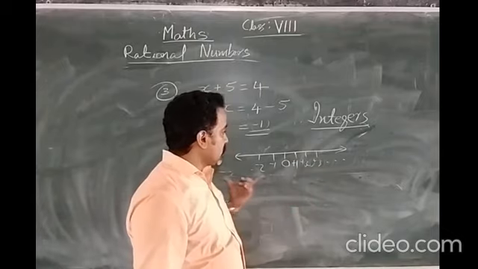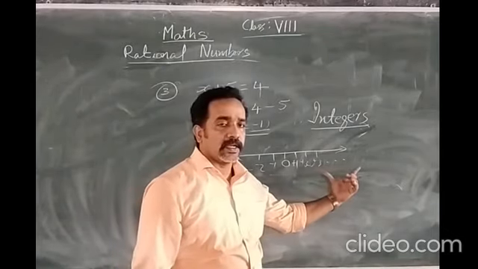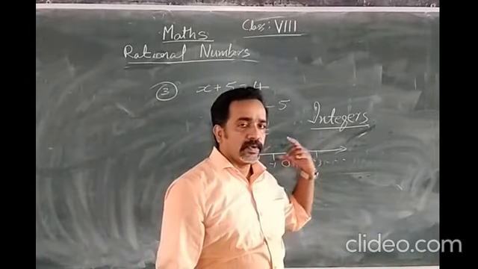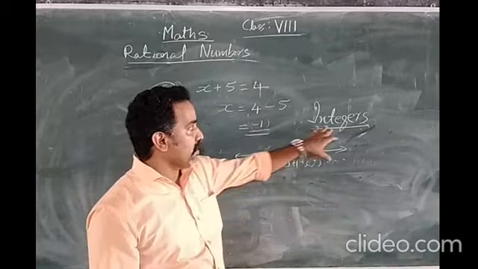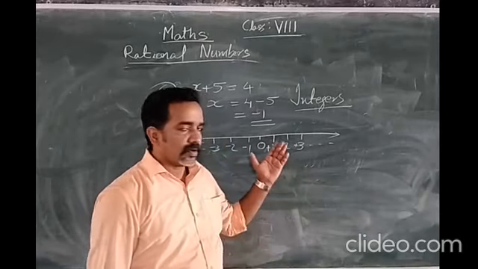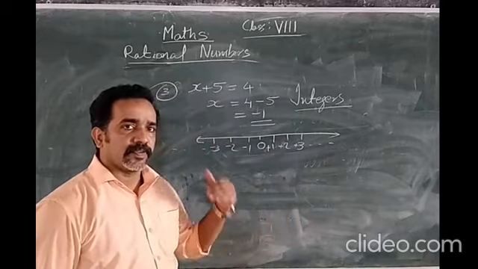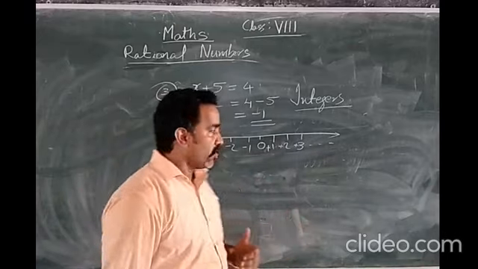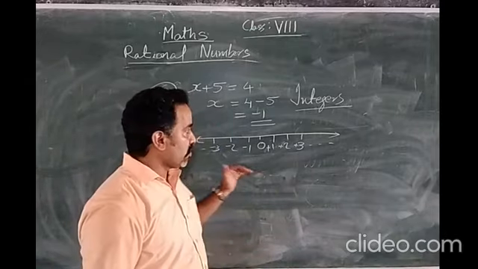This set of numbers, this number line, the numbers including negative numbers and positive numbers along with 0, is called a set of integers. So we will see another type of equation. Different types of simple equations we are discussing now. So already 3 simple equations we solved.